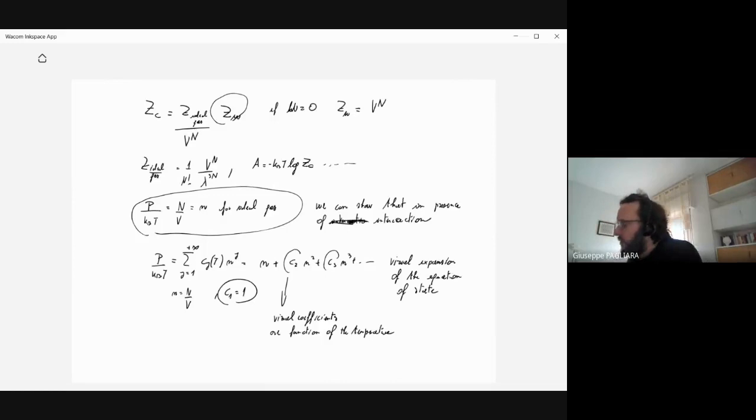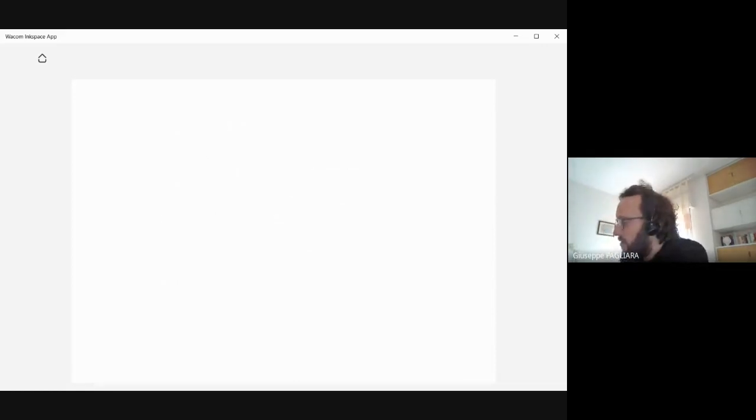Now, what we will do is to prove actually that the first correction to the ideal gas is a correction which is quadratic in the density. Let me change page.